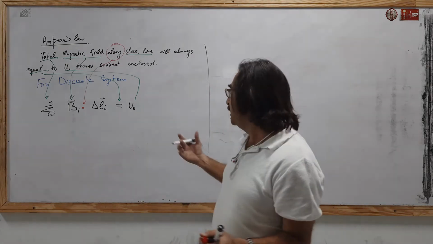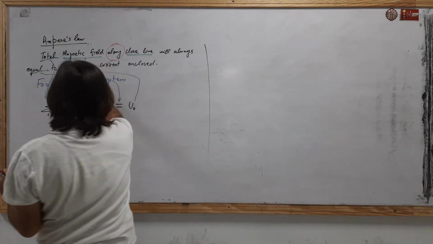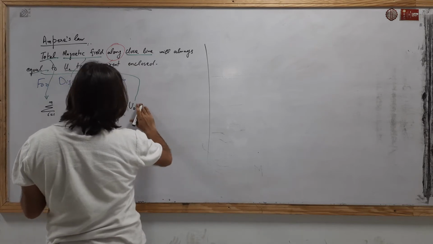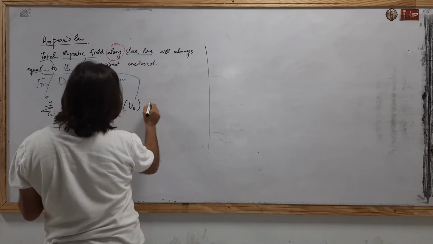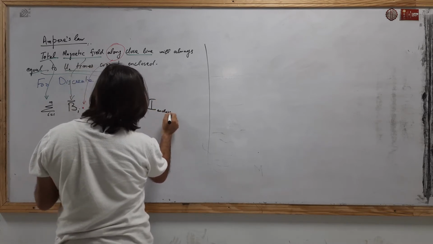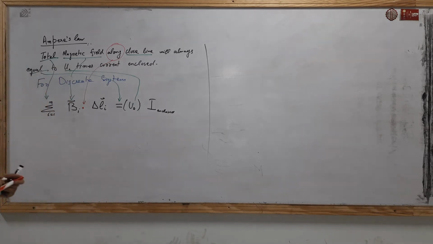So times means multiplication, and then the current enclosed. This is Ampere's law for a discrete system.